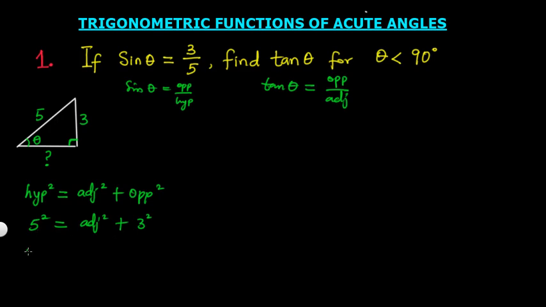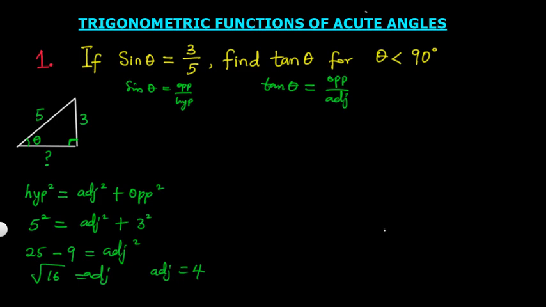So here that will be 25, bringing this to this place, minus the square of 3 as 9 equals adjacent squared. And at the end, this will be 16. So the square root of 16 will give us the value of the adjacent side. And then the adjacent side will be equal to 4.